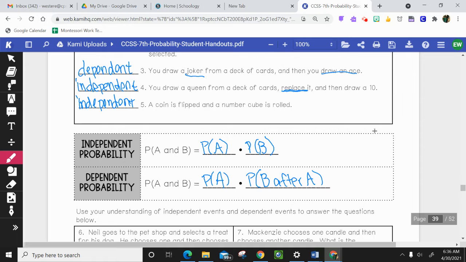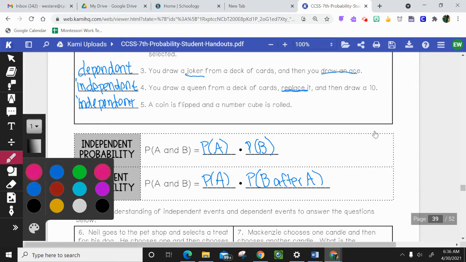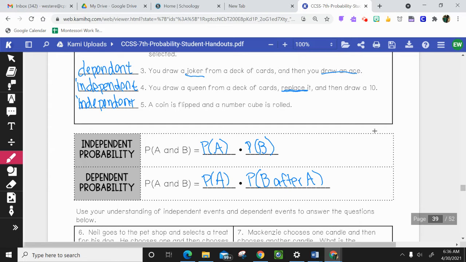Looking back at this joker, the probability of pulling the joker was 1 out of 52. The probability of drawing an ace is 4 out of 52, but now the probability of drawing an ace is 4 out of 51. So you have to think about what we did not put back into that deck of cards.